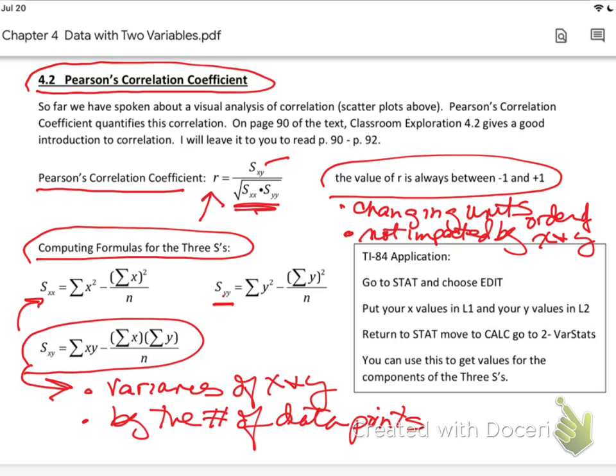I want to take one more step to go through some more things with Pearson's correlation coefficient that's not on your sheet. I'm going to go on the next page, and then we'll come back to the TI-84 application. Let's just move to the next page right now. I'm just going to do a blank page. On page 94, and you can follow along with me, it gives you information on how to interpret your R value.